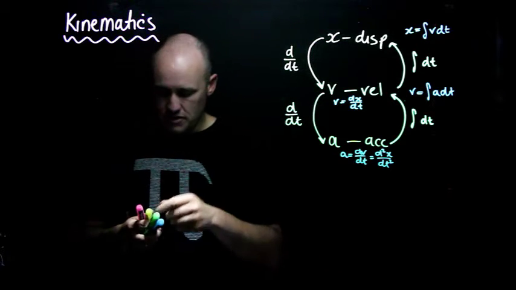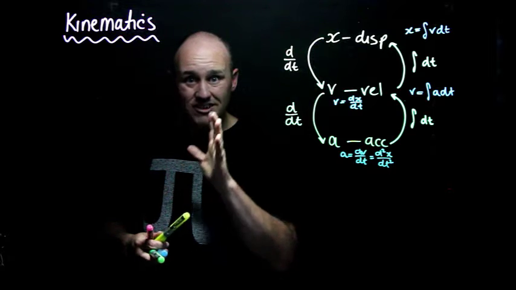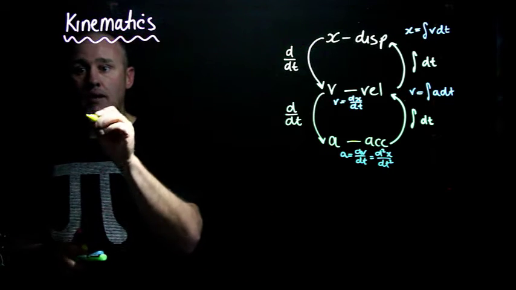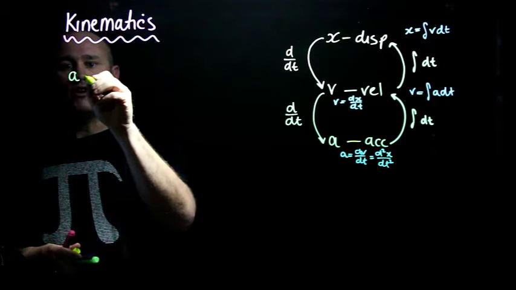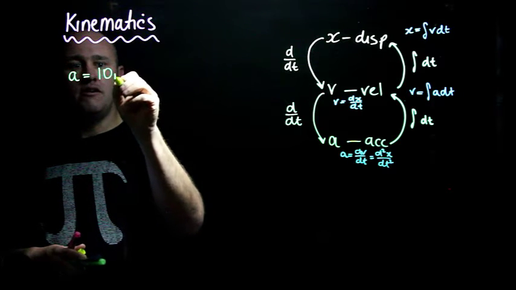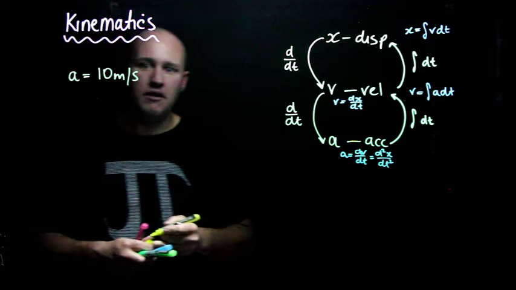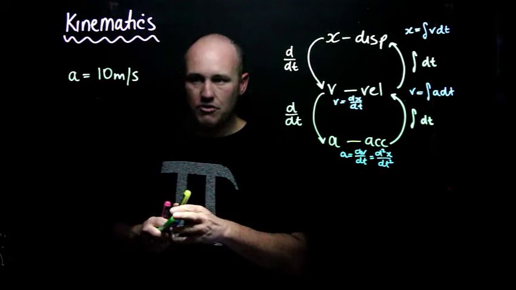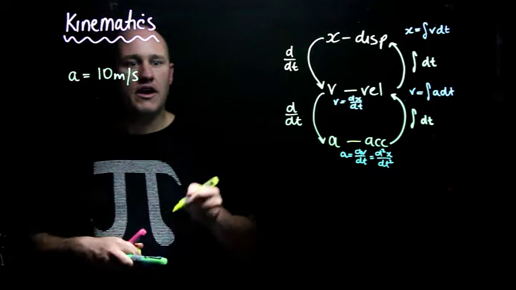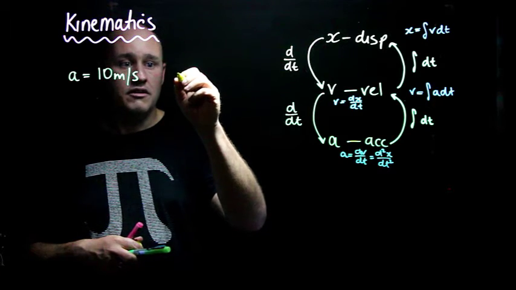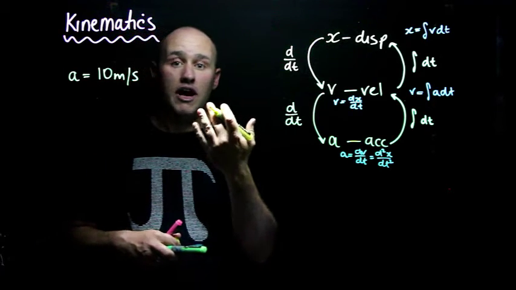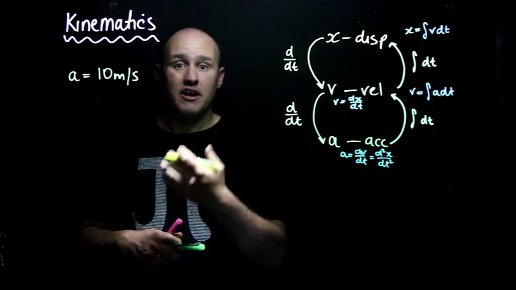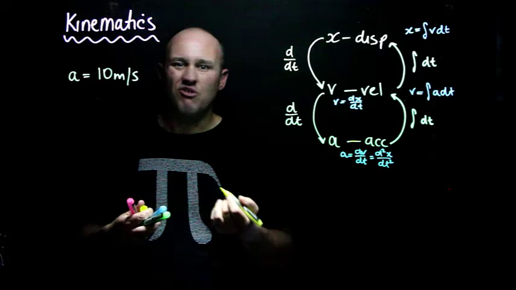I'm just going to state the example to you, but I'm not going to write the whole thing down. So just keep this in mind. Let's say that we gave you a function, acceleration is equal to 10 meters per second squared. This is a pretty standard gravity type thing, and you'll see this a bit. And let's say that initially the particle had a velocity of 5 meters per second and it started at position 0, at the origin.